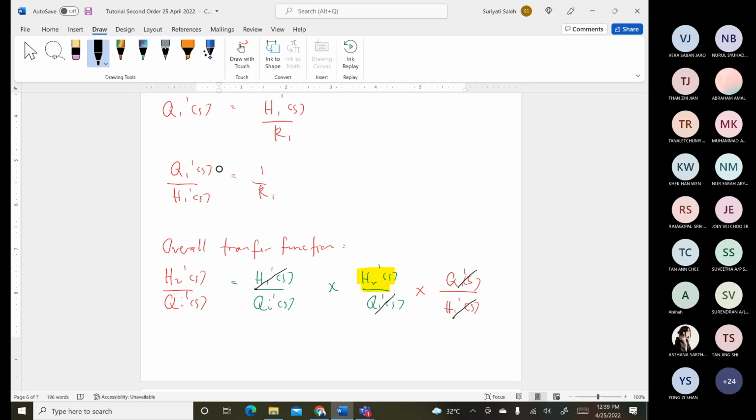That leaves you the H2 over Qi, the variable that we want to develop. This means the multiplication of transfer functions is applicable to obtain the overall transfer function H2 over Qi.